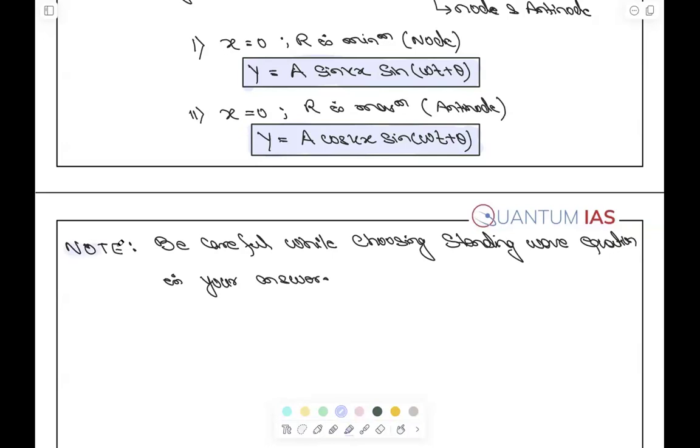Please revise whatever we have done. Please revise once, then we will move ahead. We will move to the next topic, but before that, I want everyone to revise it first.